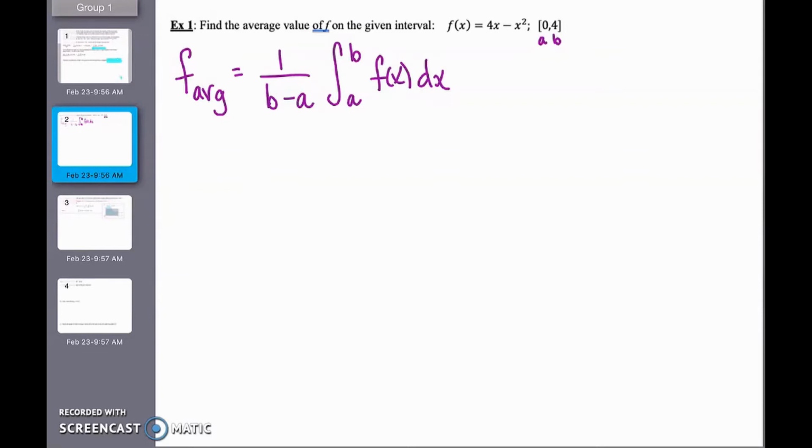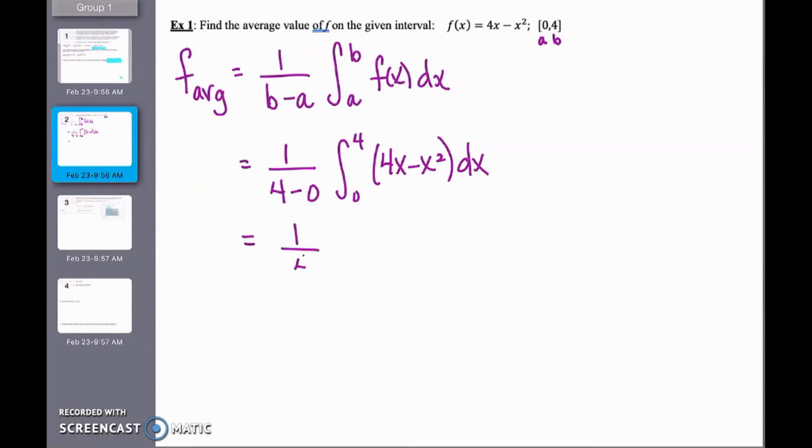And my function is 4x minus x squared. So I'm just going to plug everything in. So for this problem, it's going to be 1 over 4 minus 0 times the integral from 0 to 4 of 4x minus x squared dx. And my function is just a polynomial, so that's easy enough to do the integral of. 1 over 4 minus 0 is just 1/4, right?